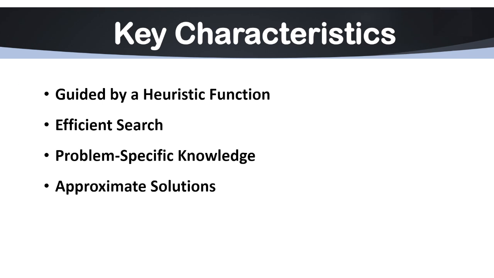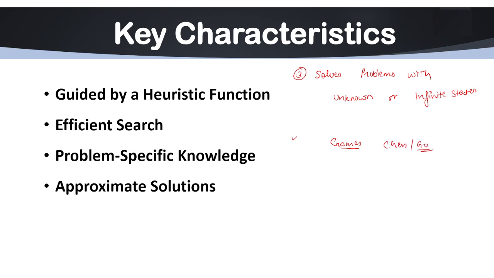The next reason for using this technique is that it solves problems with unknown or infinite states. Students, many AI problems involve unknown or infinite states. Like if we talk about games like chess, we have a game named Go.